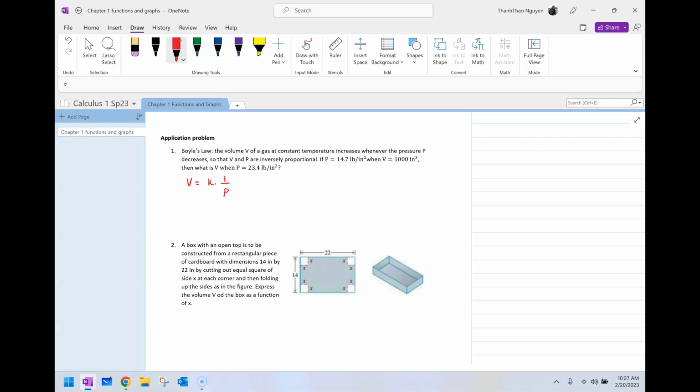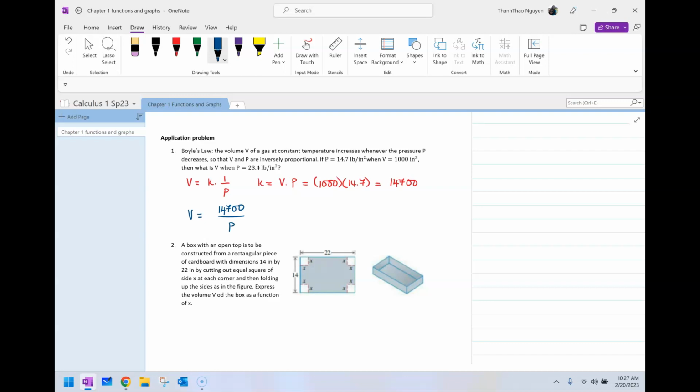Well, we have our formula. The first thing we need to do is to solve for K. Well, K in this case is equal to V times P. When V equals 1000, P equals 14.7, so that is 14,700. That is our K. Now that we have K, we can rewrite our formula as V equals 14,700 divided by P. Now we can solve this problem.